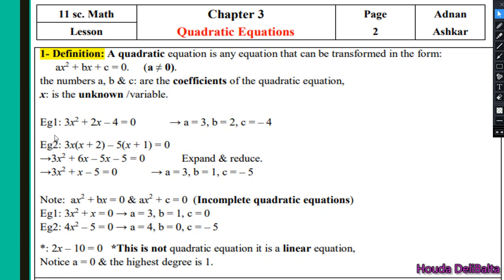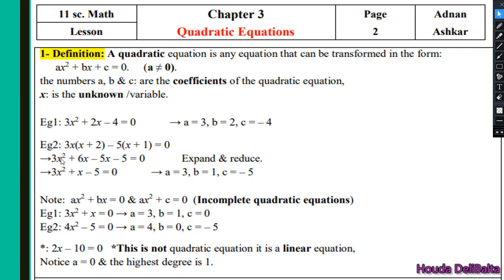Here are examples of quadratic equations. Example 1: 3x squared plus 2x minus 4 equals 0. Let's make a comparison. a is equal to 3, b is equal to 2, and c is equal to minus 4. So we take it with its sign. Now example 2: we have 3x into x plus 2 minus 5 into x plus 1 equals 0.